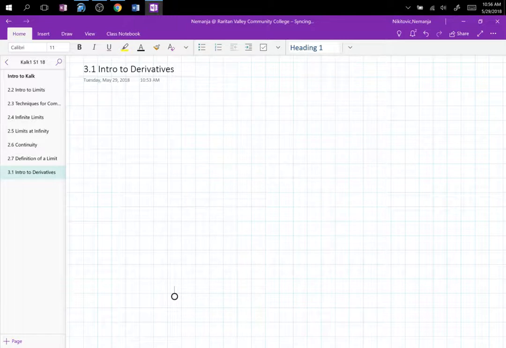So we already talked about calculus being a study of change, and the derivative is going to measure the rate of change.